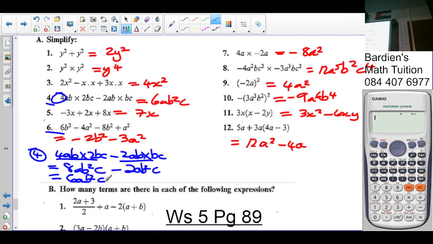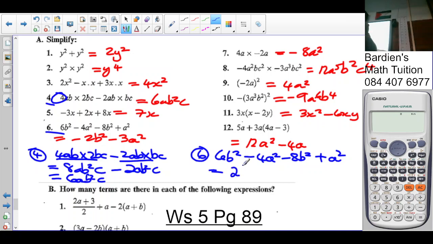Number 6. The sum read 6b squared minus 4a squared minus 8b squared plus a squared. What was this question? Yes, what did you write? 2b squared. Yeah.